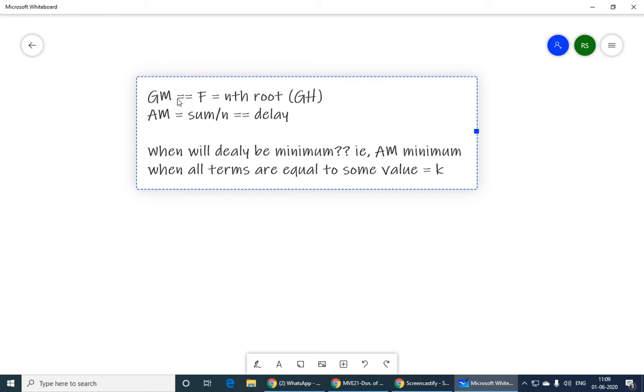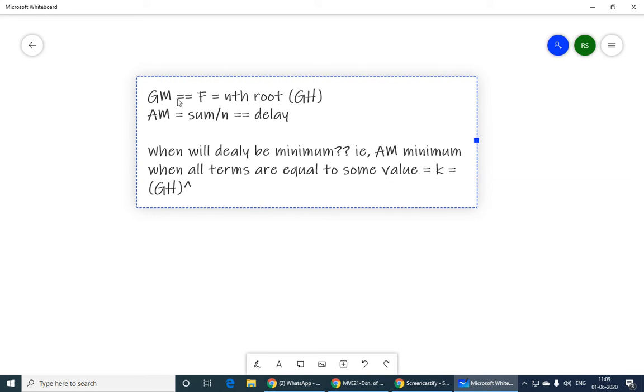And what should that value be? That is also very simple, equal to GH to the power 1 by n. That is, I have the GH fixed, 40/9 in that case.